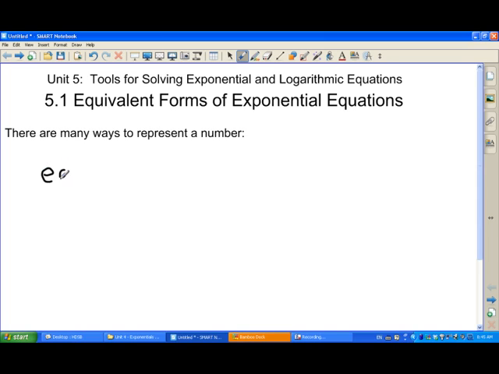For example, the number 4 can be written as 2 squared, or it can be written as the logarithm base 2 of 16.